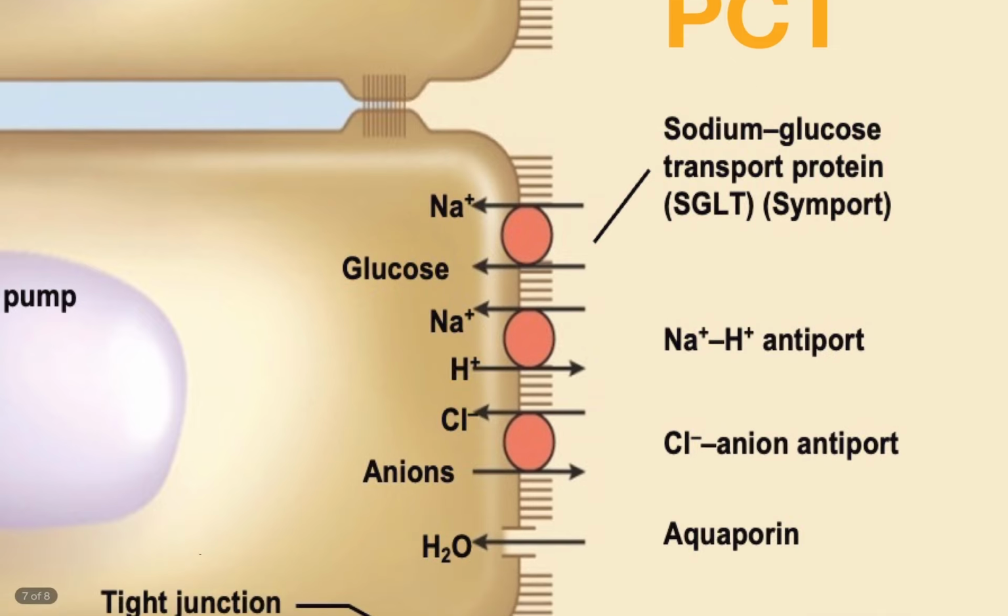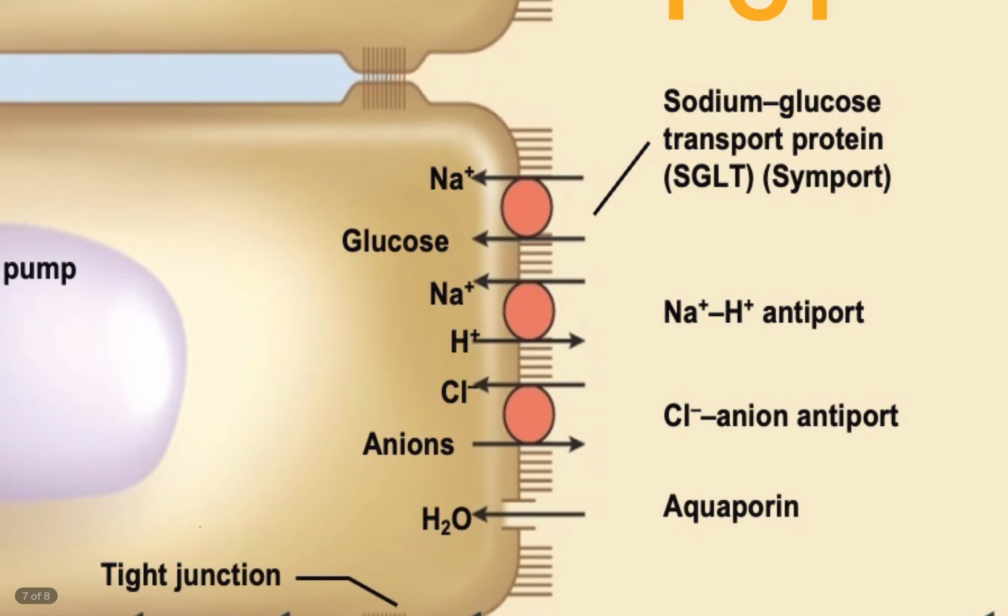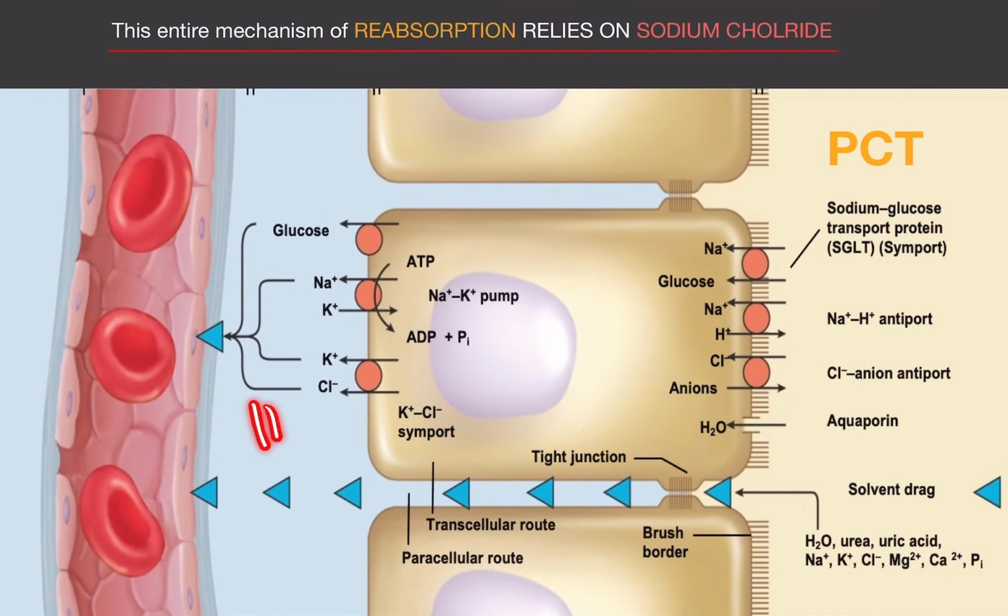All right. The next thing we're going to do at the same time is the sodium hydrogen ion antiport. We're going to shove some sodium inside, but in exchange, we're going to take some hydrogen ions and pump them into the tubular fluid to be urinated out. This is a mechanism for acid-base balance. Say if our blood is too acidic, we can start shoving hydrogen ions back into the tubular fluid.